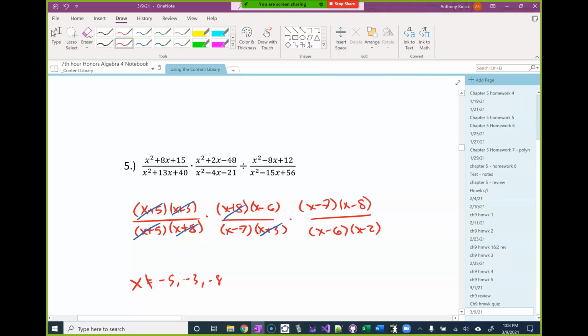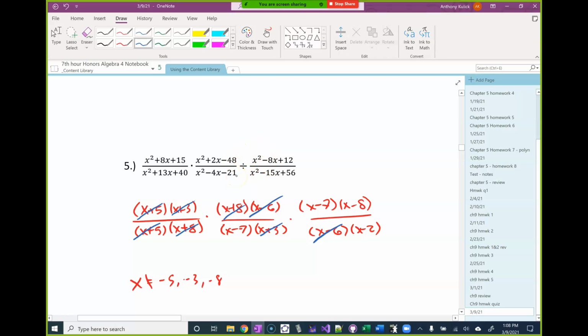Next thing, the x minus 6, which again is okay because the 6 is coming from here. If the 6 is 0, since it's being divided, it's still dividing by 0, right? So I would have positive 6.